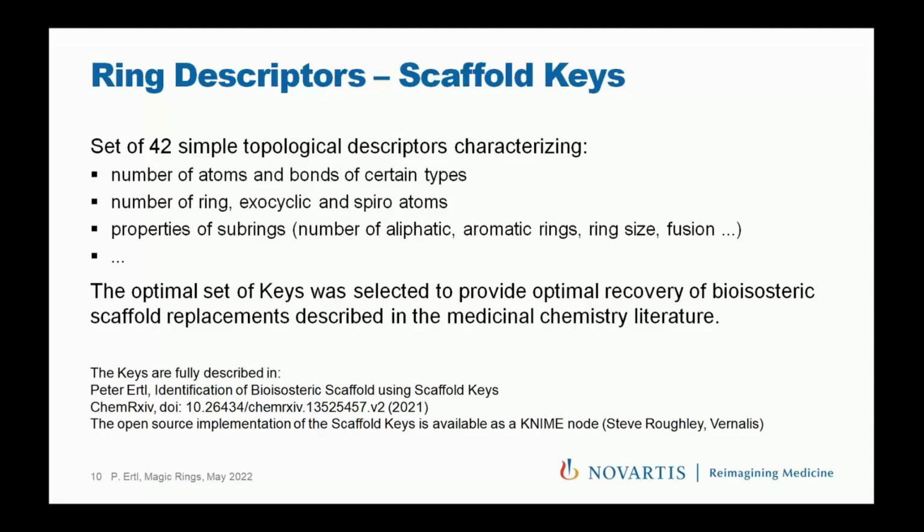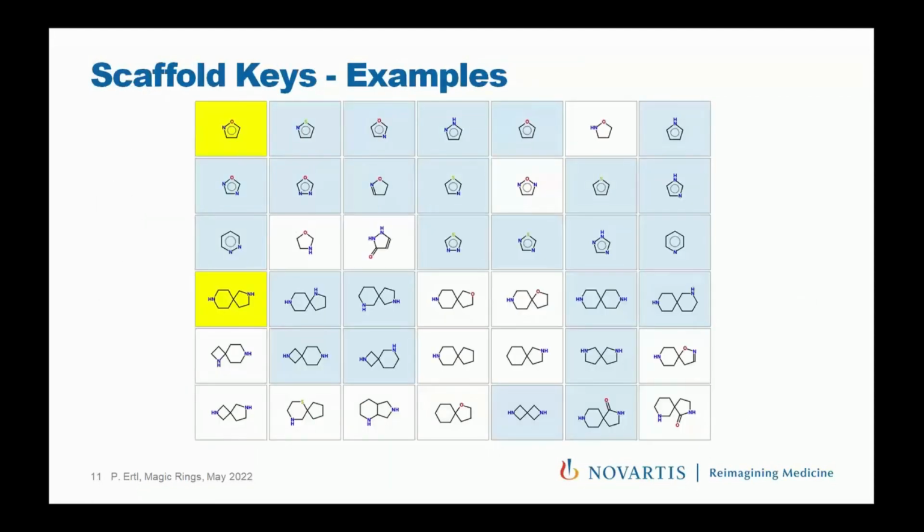So I calculated the 42 scaffold keys for my 40,000 rings. Here you can see an example of the performance of these scaffold keys for similarity searches. These yellow scaffolds are the queries, and I simply calculated the similarity based on the scaffold keys from these 40,000 molecules. Here we can see the result, similar scaffolds. Those in blue are reported in medicinal chemistry literature as bioisosteric, which means they share the same type of biological activity.